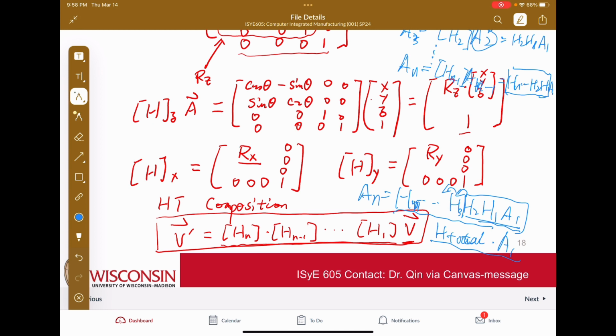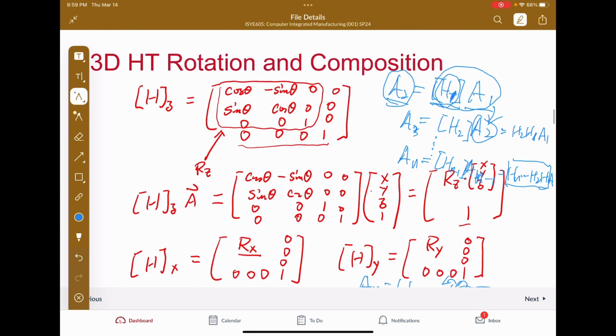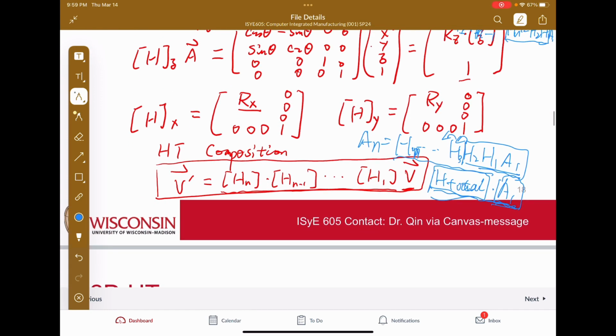So this is another way. It's convenient for cases where you have a solid and multiple points you need to calculate. After you get this, the only thing you need is to change this point to a1, a2, a3, a4, and get a1 prime, a2 prime, a3 prime. So it can save time. So this is how we do the composition of the multiple operations.